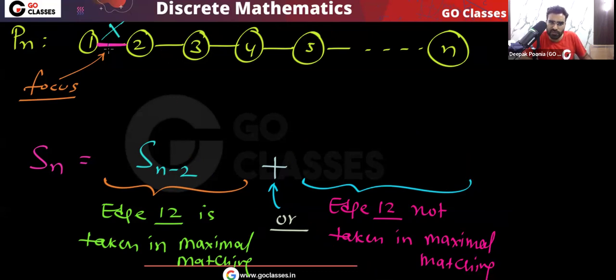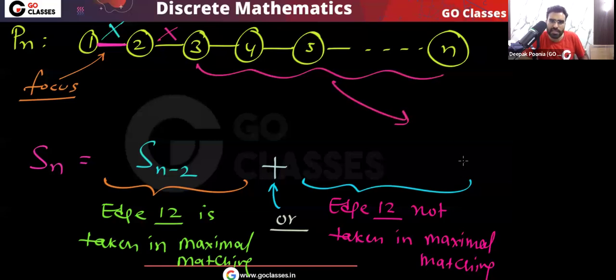Notice, if I don't take this 1, 2 in the maximal matching, then I have to take this 2, 3, because if I don't take 2, 3 also, and then in this remaining graph I create a maximal matching, then that will not be maximal, because I could have taken this 1, 2. Do you agree with me?